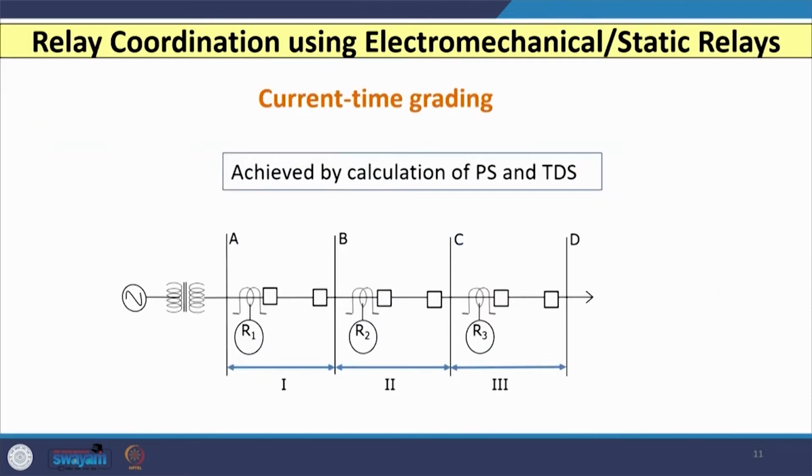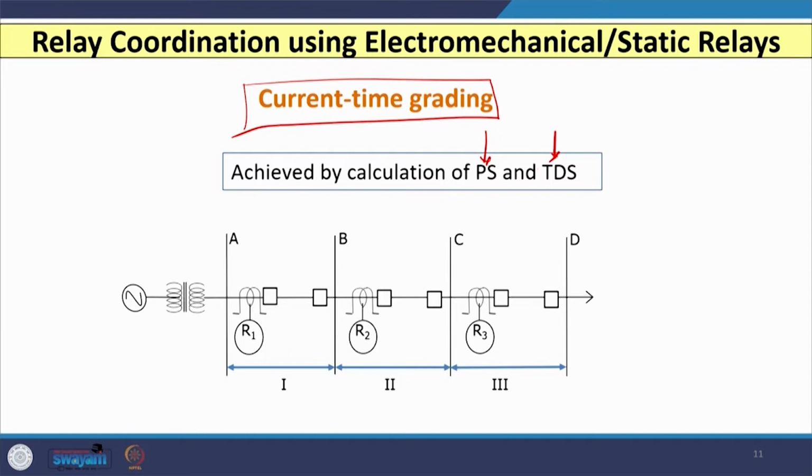So, if we talk about relay coordination, then when I say settings, I mean the plug setting and time dial setting of all the relays, which we need to calculate.